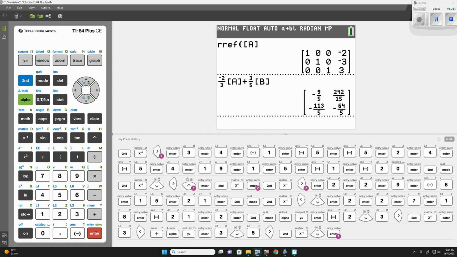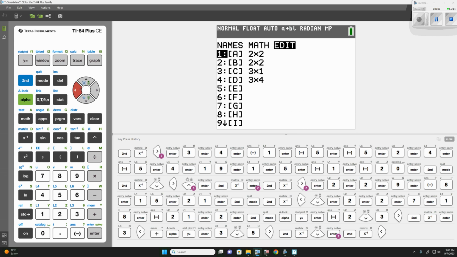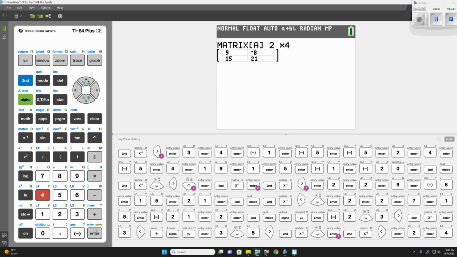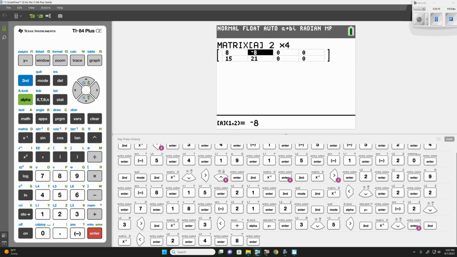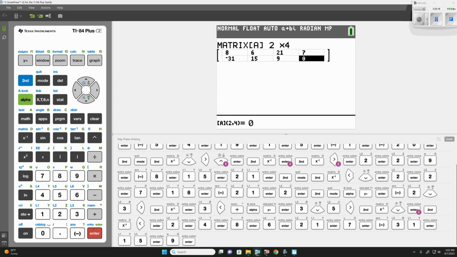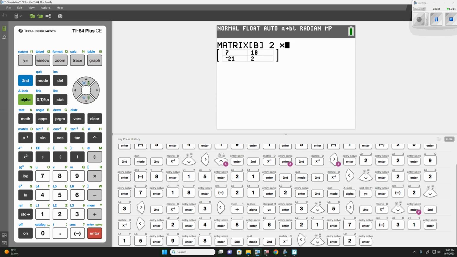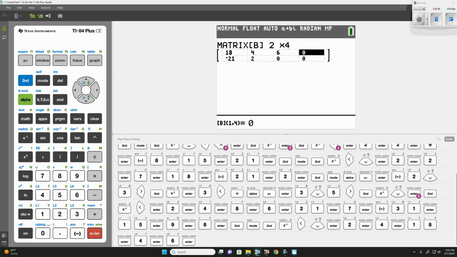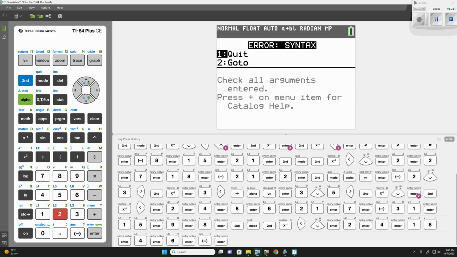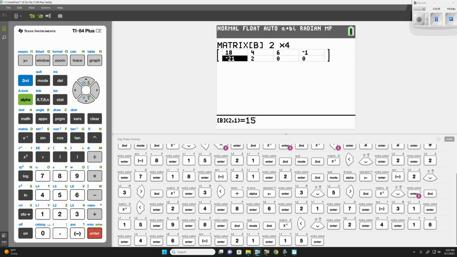Because if we did 36, second matrix A is a 2 by 4. We'd have 8, 6, 21, 7, -31, 15, 9, 8. Second clear. Second matrix B is also a 2 by 4. 18, 4, 6, -2, 21, 15, -18, 7.